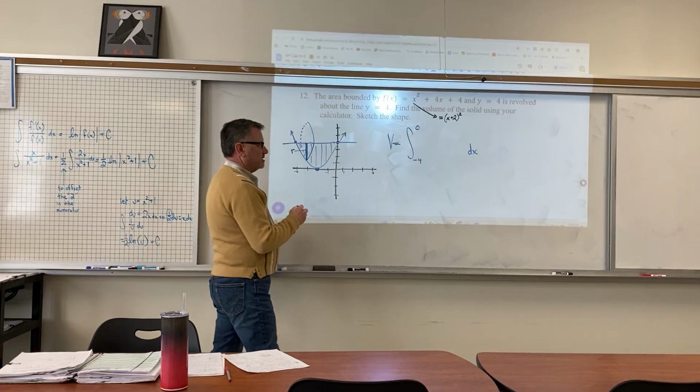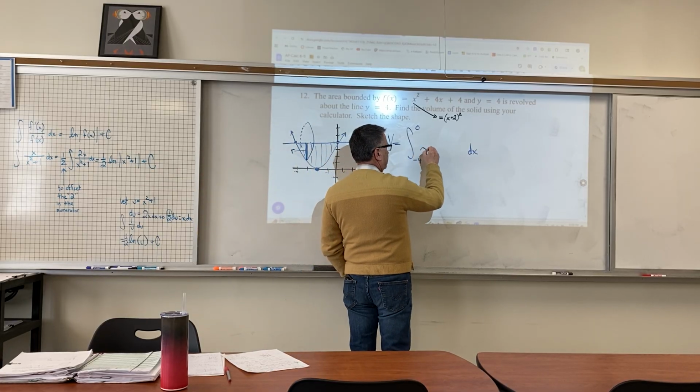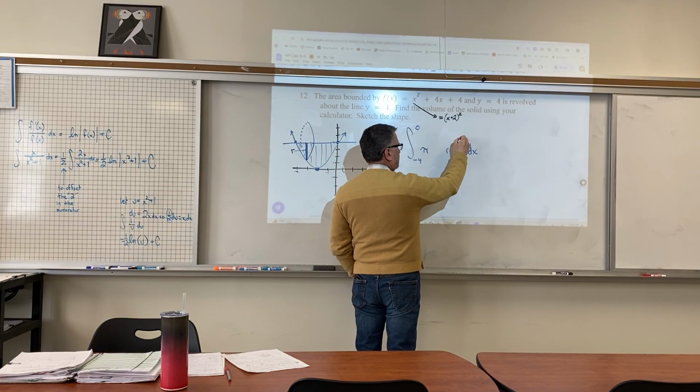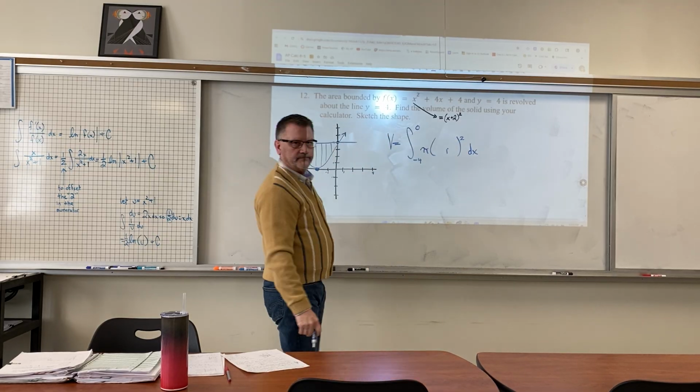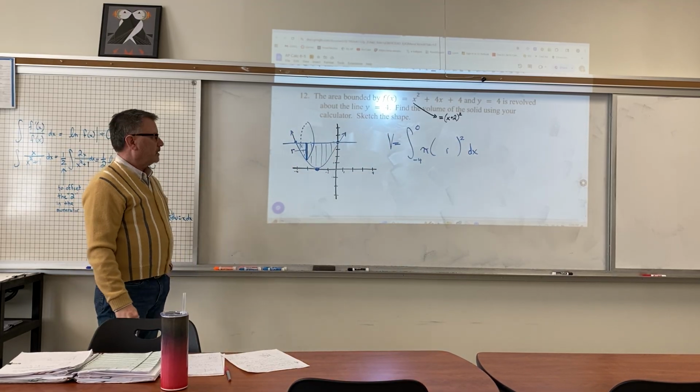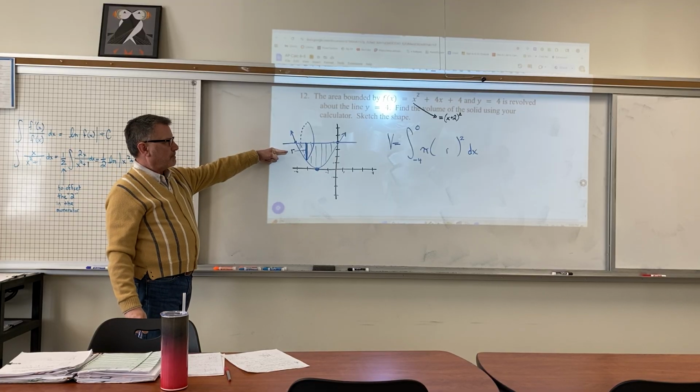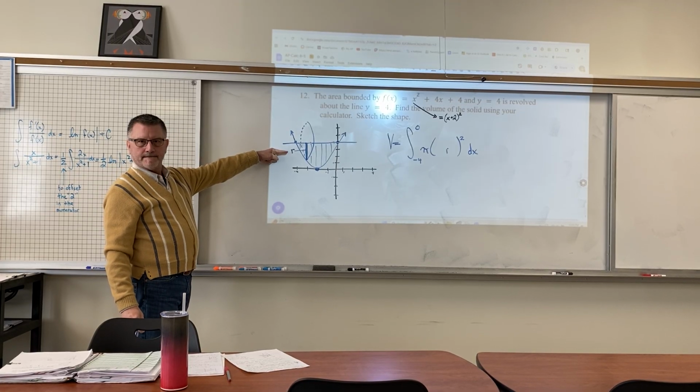And I know it's going to be pi r squared. Well, there's r, right? 4 minus.